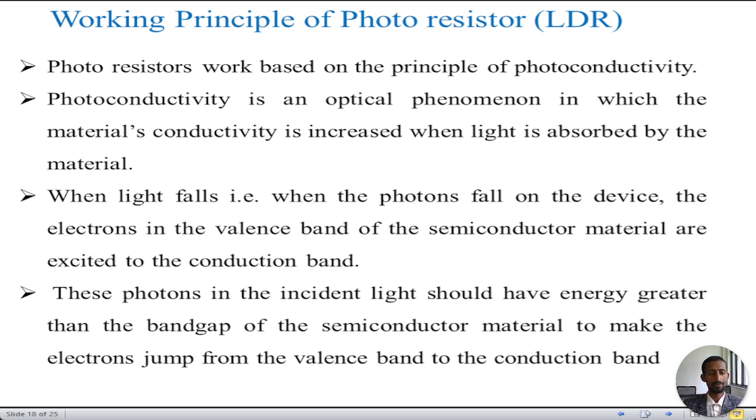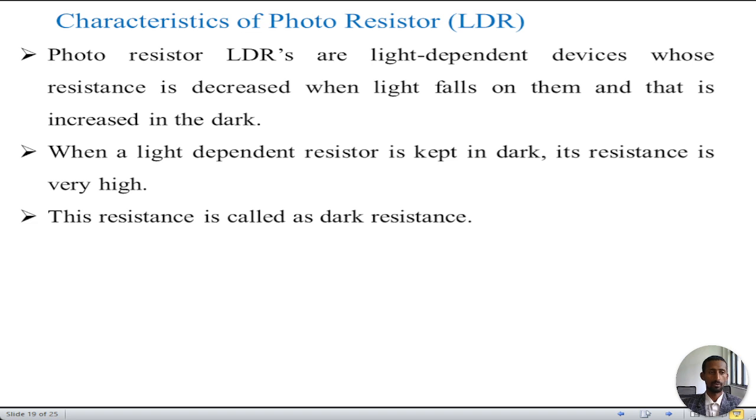So in these photoresistors, when photons fall on the device, the electrons in the valence band are excited to the conduction band. That means it increases its conductivity. The photons in the incident light should have energy greater than the band gap of the semiconductor material to make the electrons jump from the valence band to the conduction band.